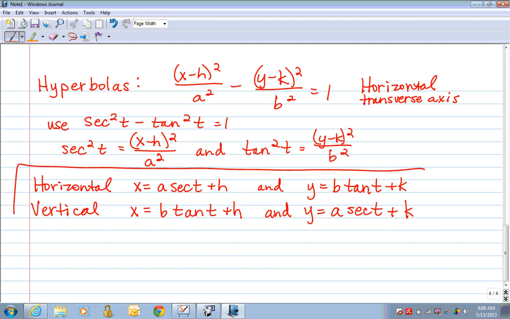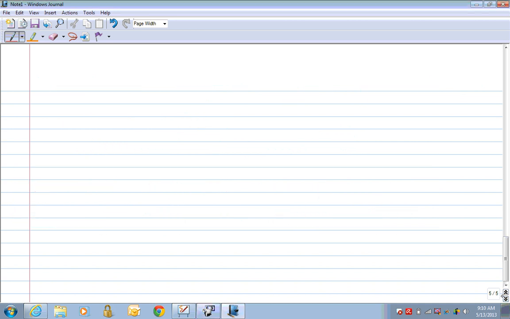Just something to make note of. These are the parametric equations for hyperbolas. On your worksheet for parametrics and conics, worksheet number 2 for tomorrow, we're going to look at a couple of examples.